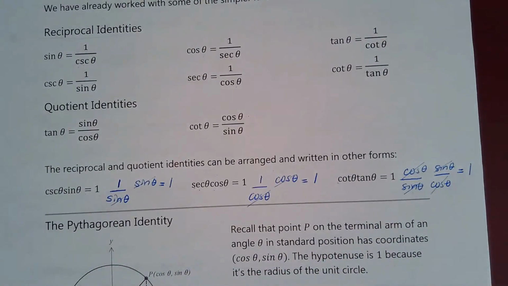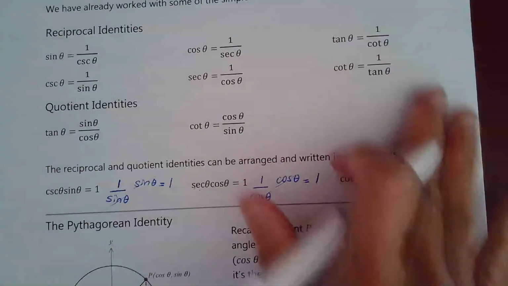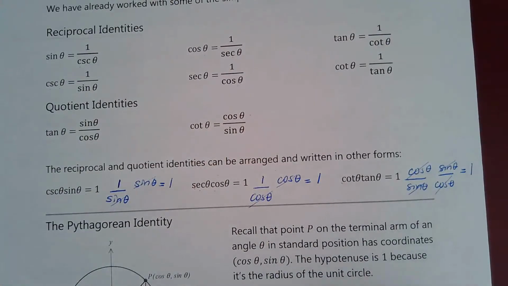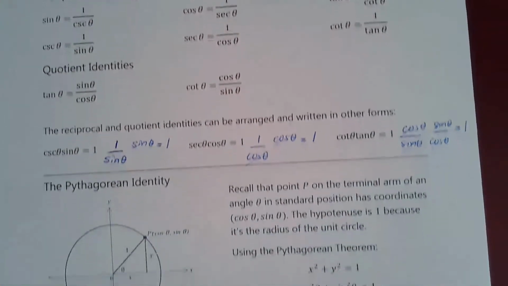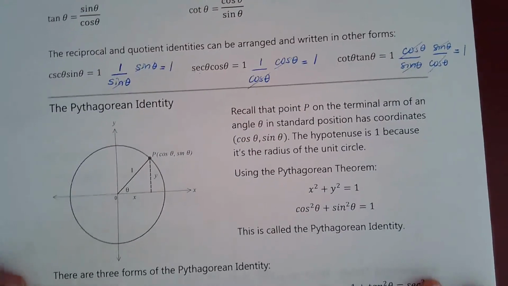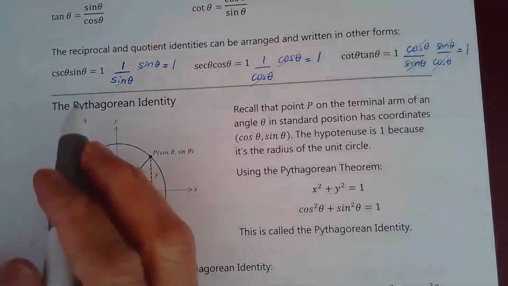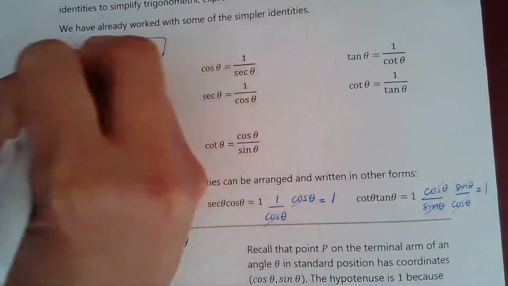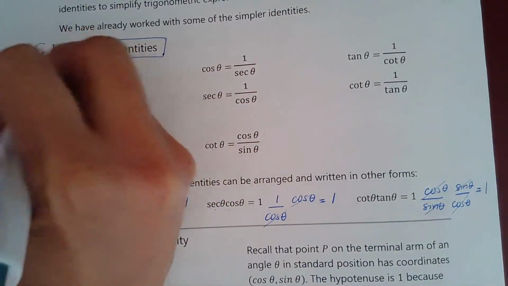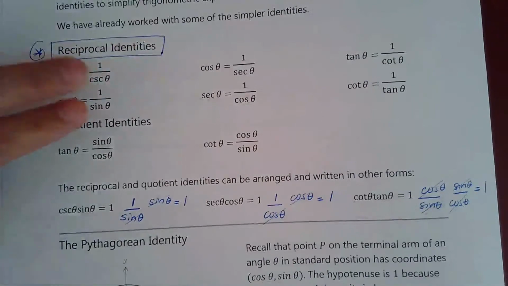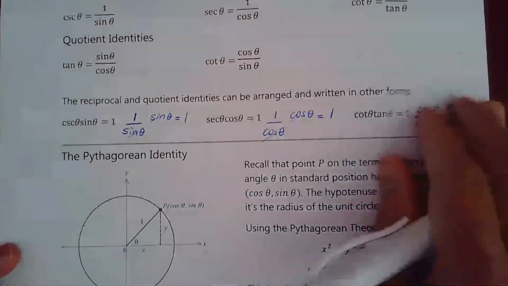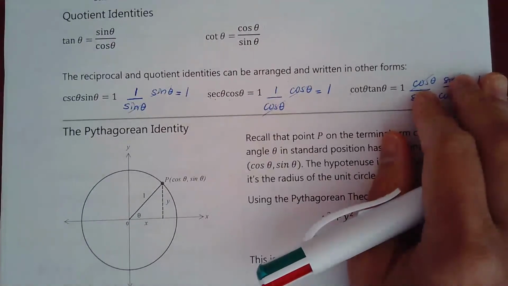These are some of the basic trig identities that we've already seen, and we will continue to see them as we move forward. They are called the reciprocal identities because you just take the reciprocal of some of these trig functions.